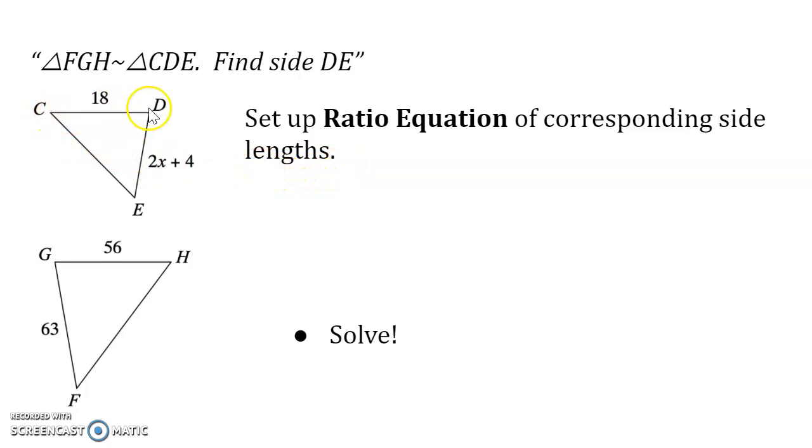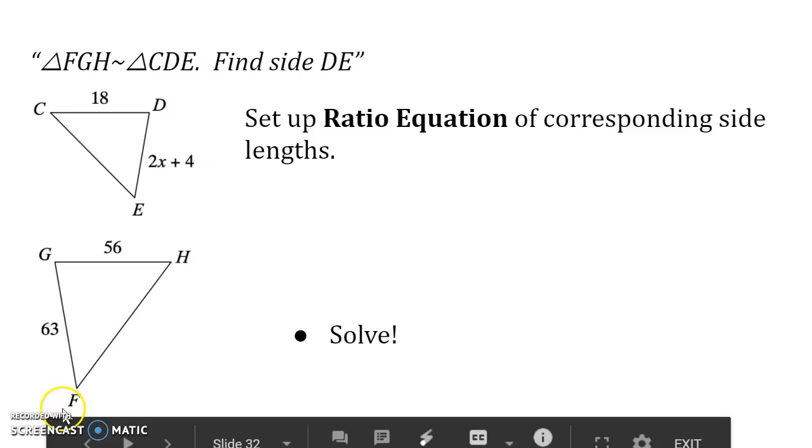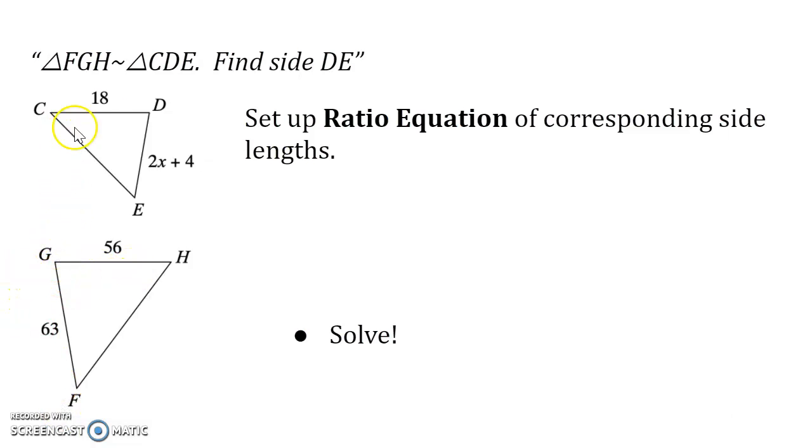Do we know whether CD corresponds to GH or CD corresponds to GF? You can't just go by what looks like they correspond. You need to go from this similarity statement because that's where you're going to get the concrete information as to which vertices correspond to each other.